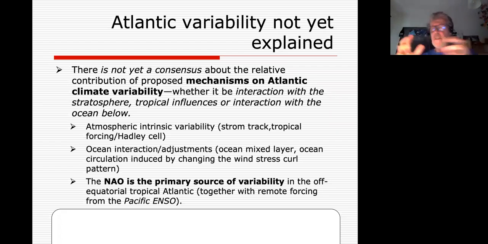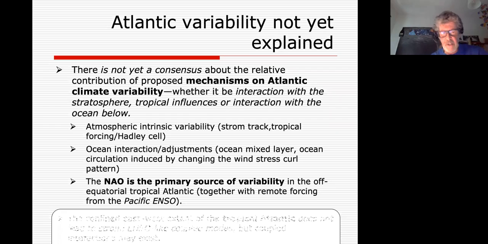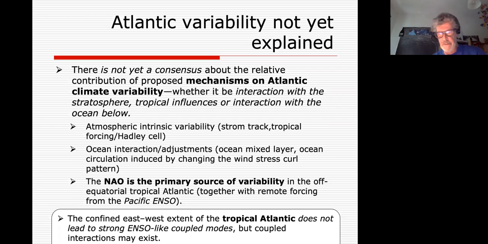So there are hints that all of them play a role, but a comprehensive picture that explains this variability is not yet available. So we have the evidence, not yet a full or convincing explanation for that.